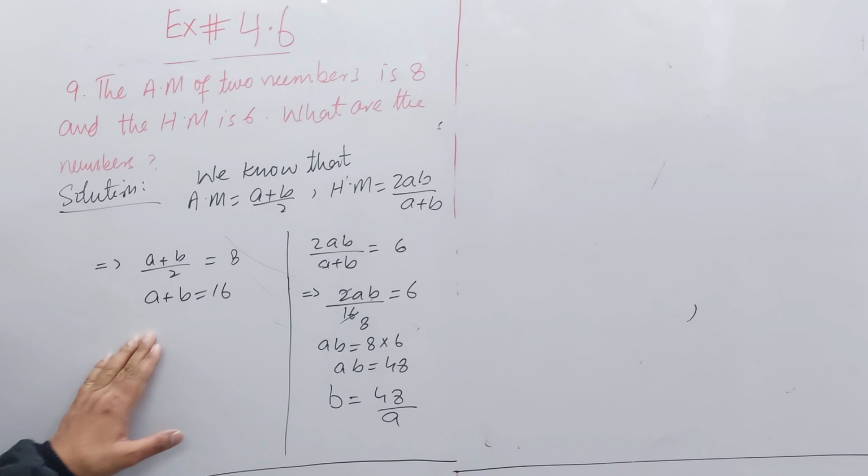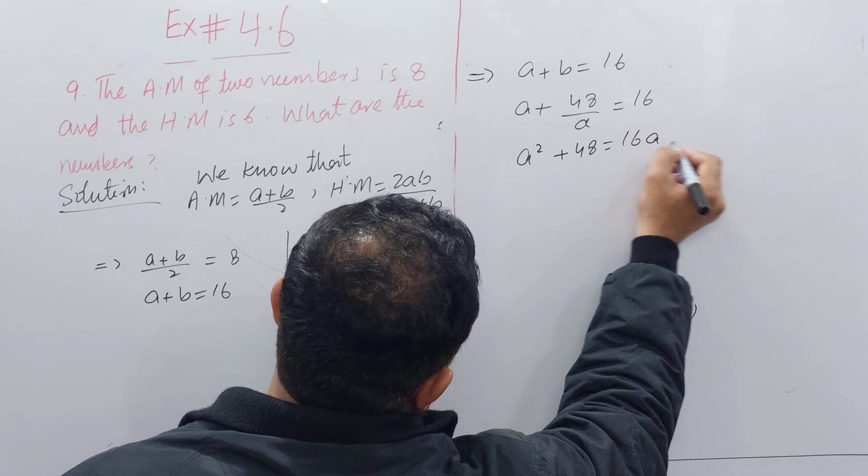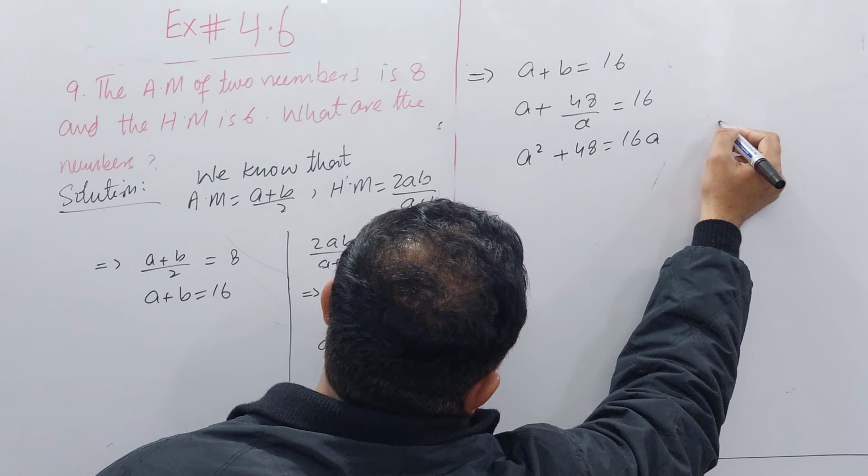We want to get rid of this a from the denominator, so we multiply both sides of the equation by a. Multiplying a with every term, we have a square plus 48 is equal to 16a.